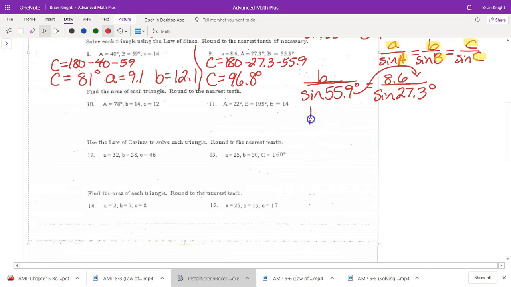It comes right there. So b equals 8.6 times the sine of 55.9 degrees over the sine of 27.3 degrees. And that will give you little b. You should get, according to my calculations, 15.5.